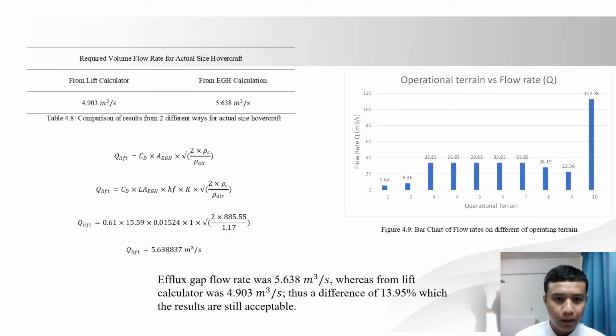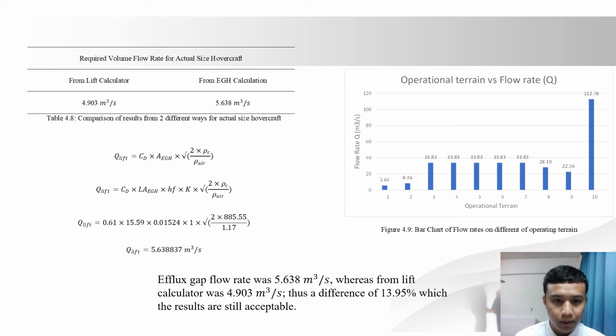Then I compare with the lift calculator from the website, which gives 4.9, and my own calculation, which is 5.63. This is acceptable because the difference between the lift calculator and my calculation is around 13.95%.